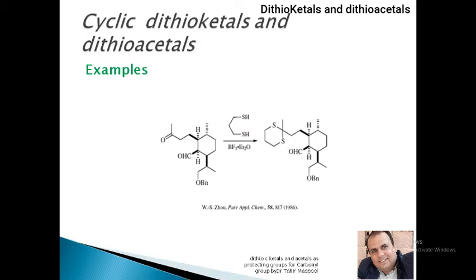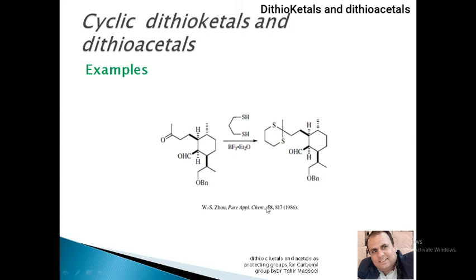Here is the first one. Two carbonyl groups are present here, the aldehyde group and the ketonic group. The ketonic group is relatively naked, and it has been selectively protected as dithioketal by using 1,3-dithiol and boron trifluoride etherate.